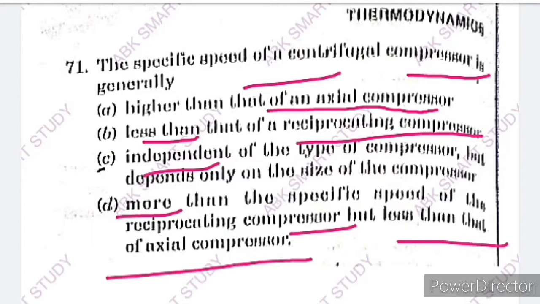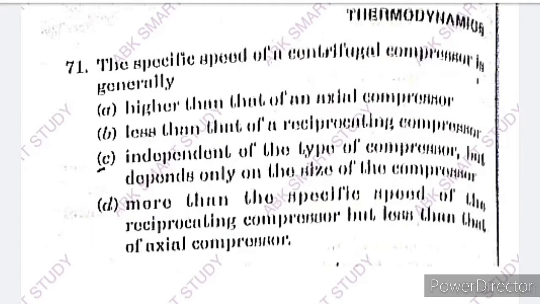The specific speed of a centrifugal compressor is generally independent of the type of compressor but depends only on the size of the compressor. So option C is the correct answer. Next question.